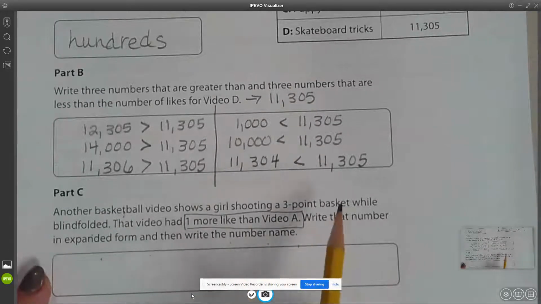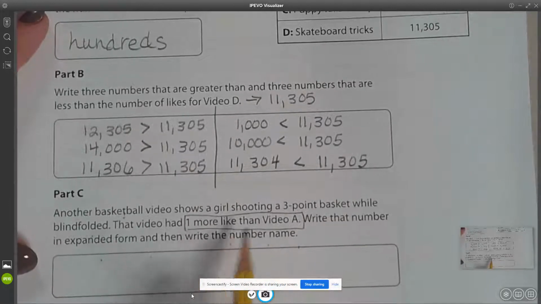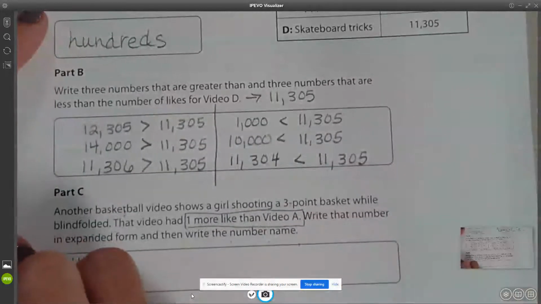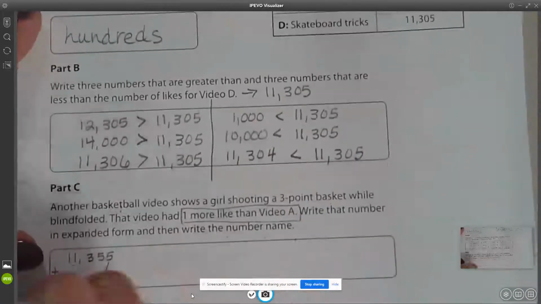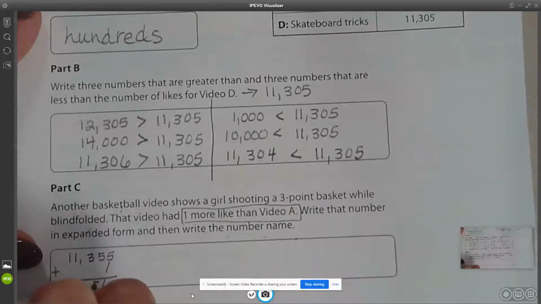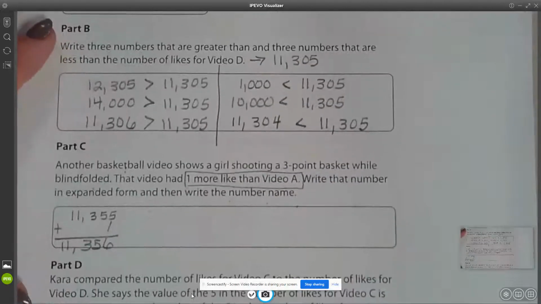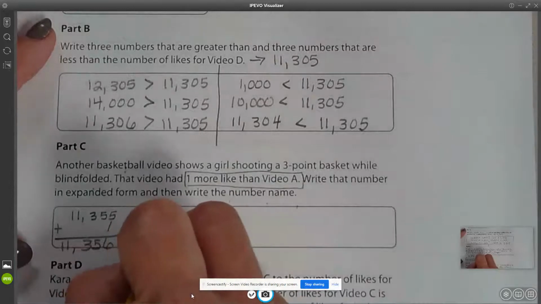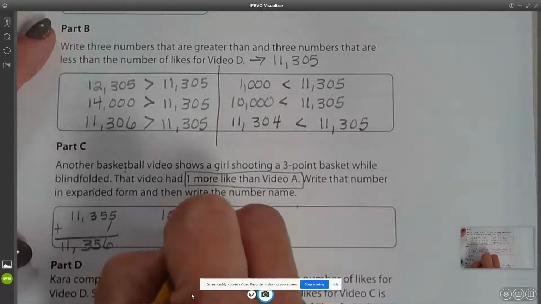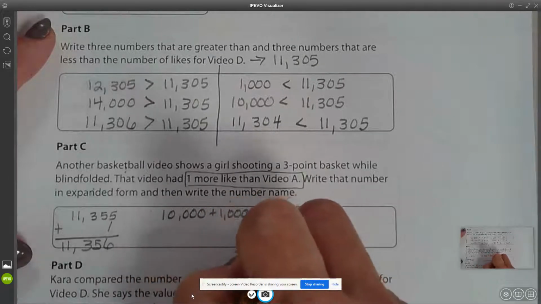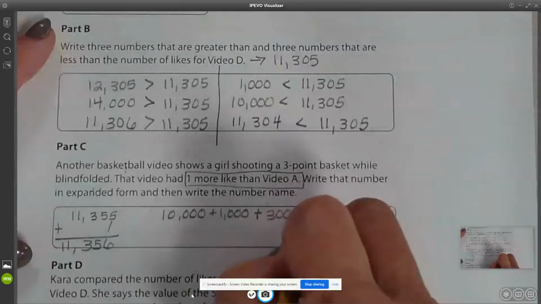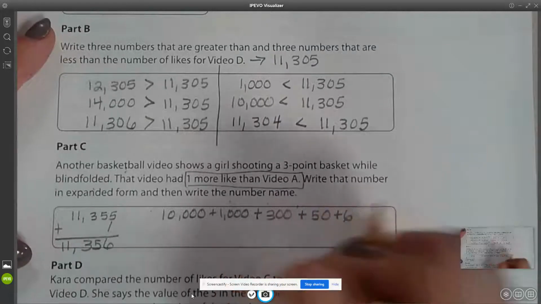So video A had 11,355. If it had 1 more like, that's 11,356. Okay, so in expanded form, it would be 10,000 plus 1,000 plus 300 plus 50 plus 6.